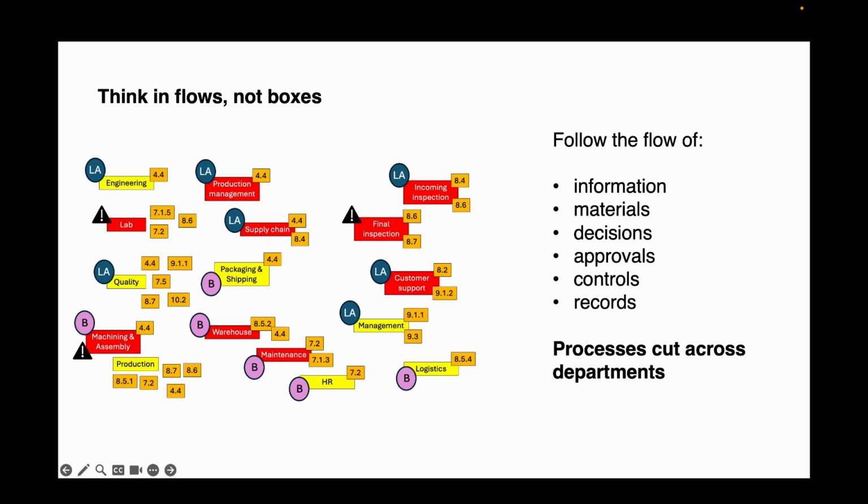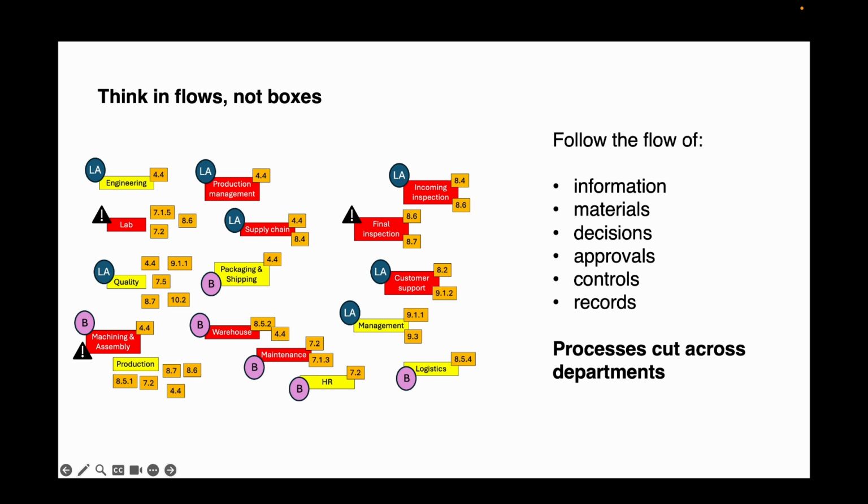Processes do not live inside departments. They cut across functions. Information moves, materials move, decisions move, approvals move, controls move, records move. So if I design the audit only around departmental boundaries, I may visit many places and still fail to understand how the system actually works.